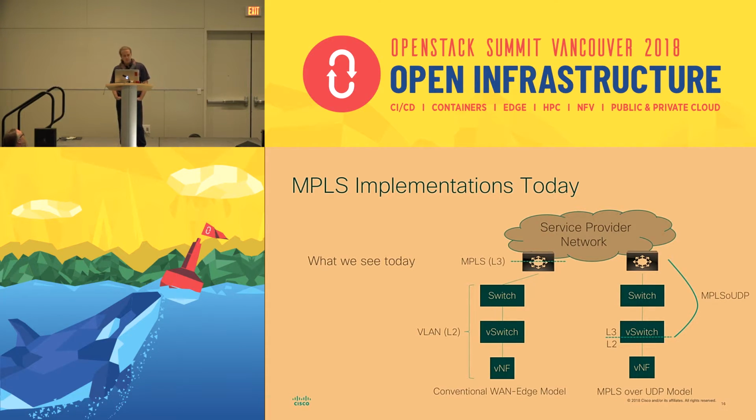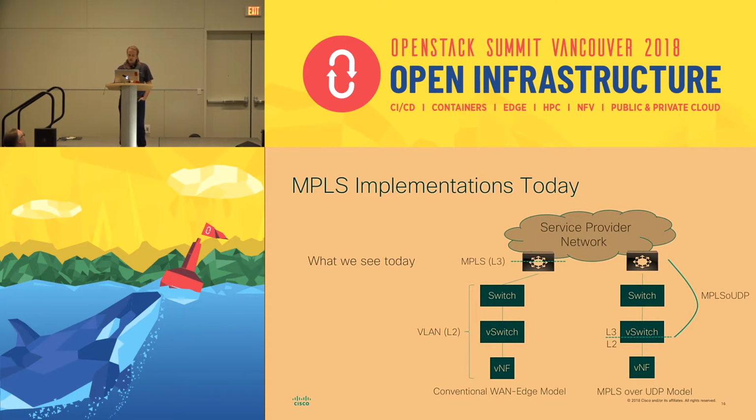With the MPLS over UDP model, what we do here is we encapsulate MPLS into UDP so that we can move the MPLS boundary from the PE actually to the virtual switch, avoiding problems on the physical switch which would not understand the actual MPLS label. So that is what we do today.